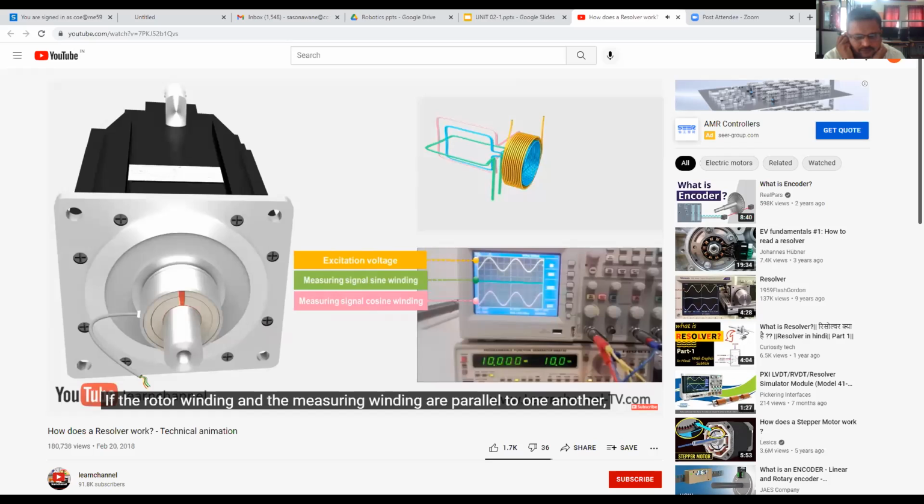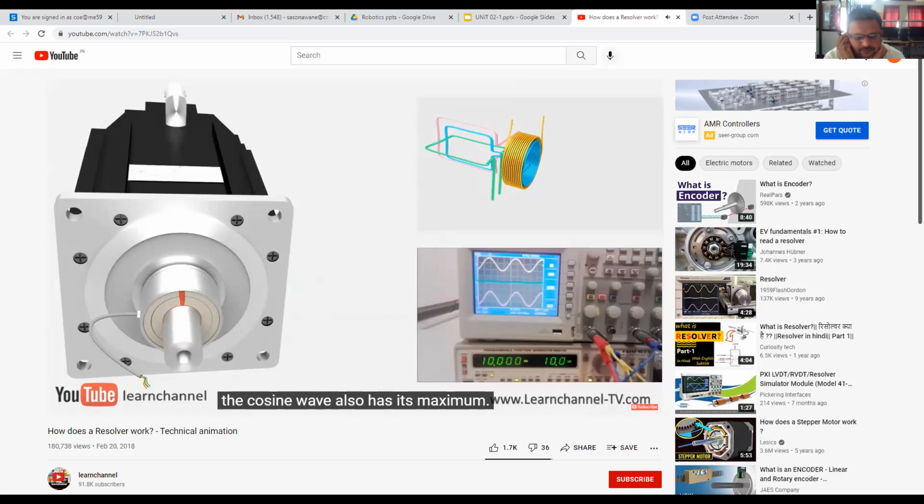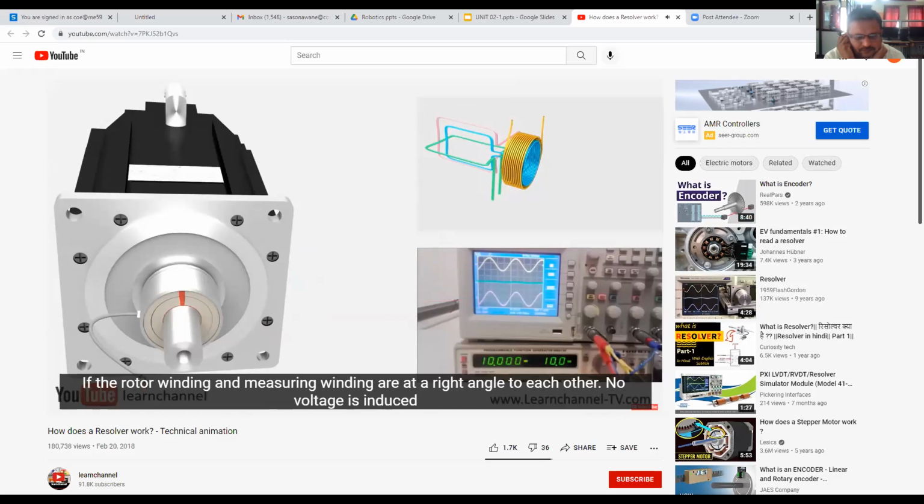If the rotor winding and the measuring winding are parallel to one another, the magnetic rotor field completely passes through the measuring coil. Therefore, the induced voltage is maximum, and at 0 degree shaft angle, the cosine wave also has its maximum. If the rotor winding and measuring winding are at a right angle to each other, no voltage is induced.